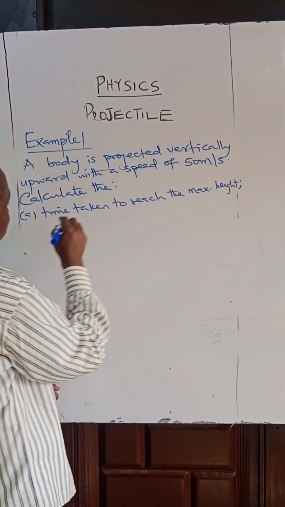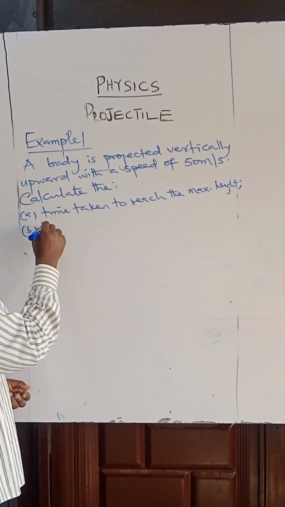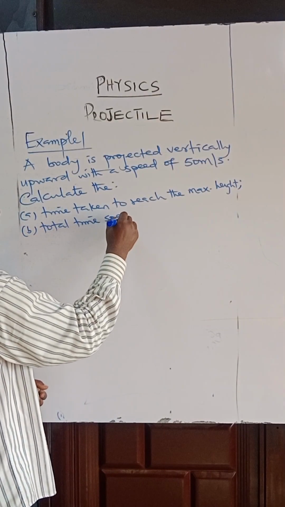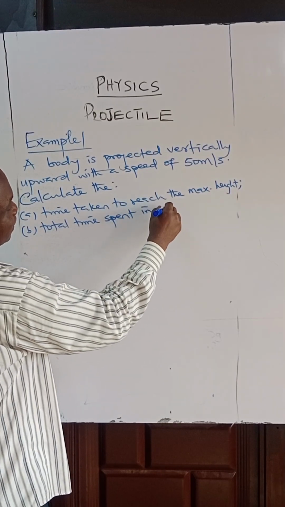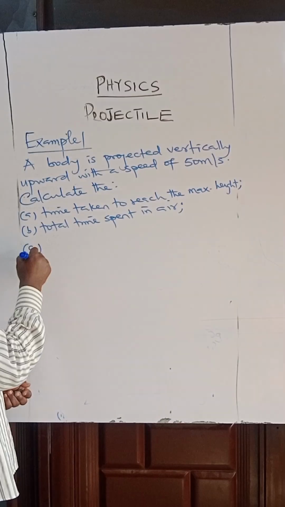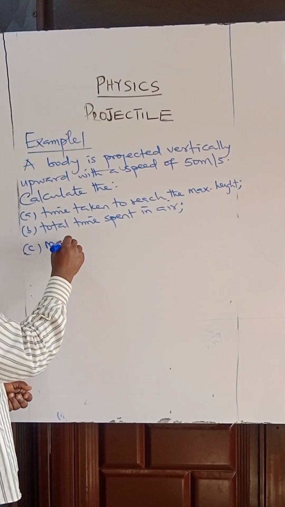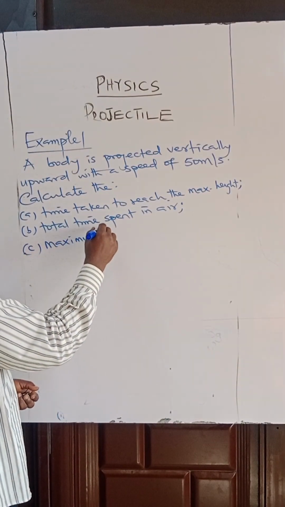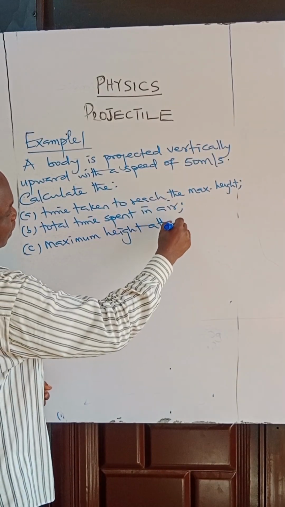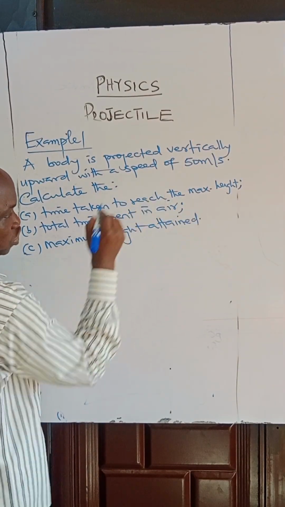B, calculate the total time spent by the body in air, that is the total time of flight. C, calculate the maximum height attained or reached.